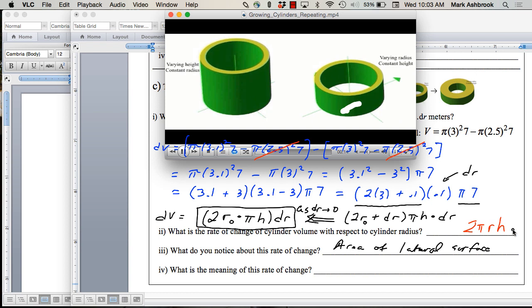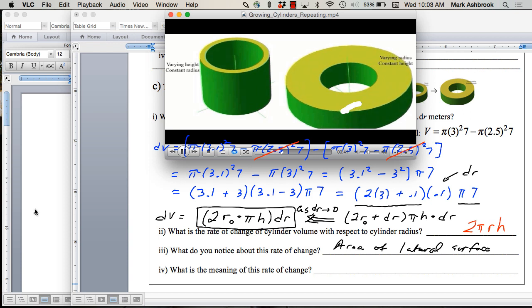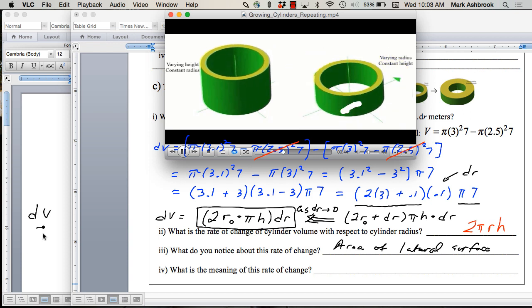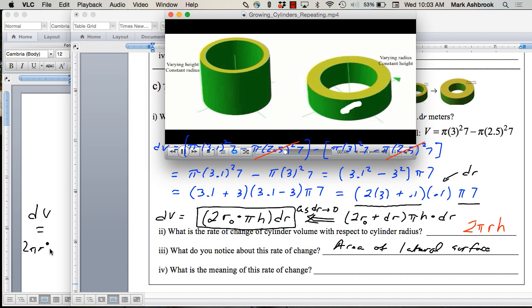For each change in volume, there's a corresponding change in that cylindrical face that is 2 pi rh times the change. Okay, he's got the right idea there. Yep, he's saying dV equals what? 2 pi rh times dr.